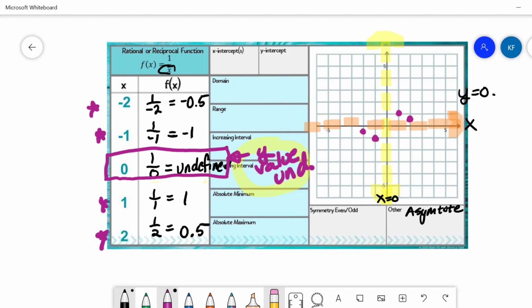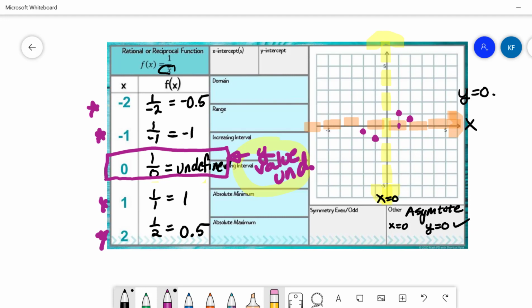Okay, so you have one at x equals 0 and you have one at y equals 0. So how does the graph behave? It would be easy to think that you're just going to make a little rectangle here, a parallelogram, and that's not what's happening, okay?